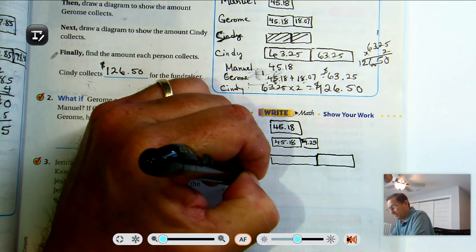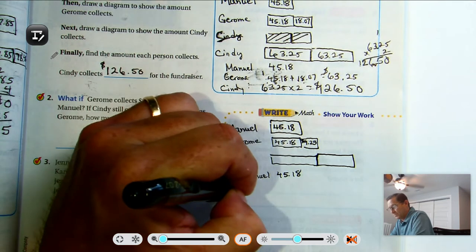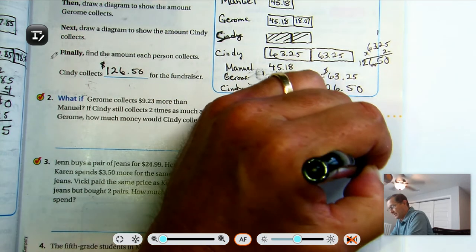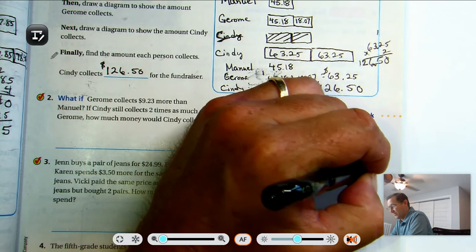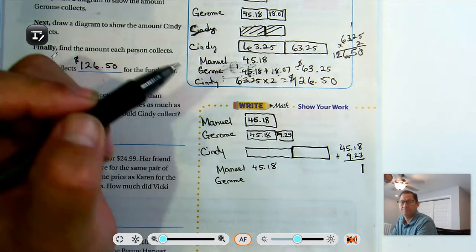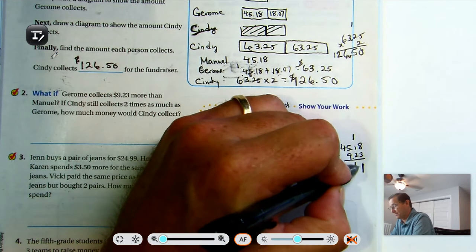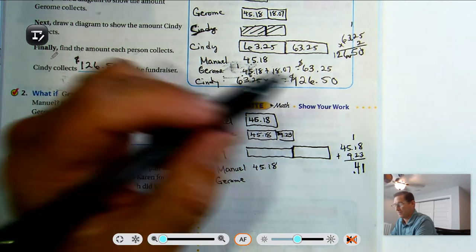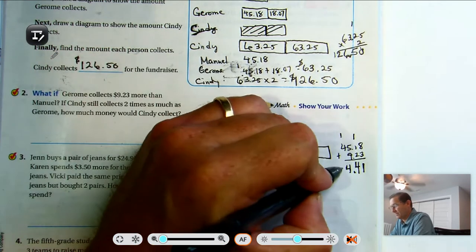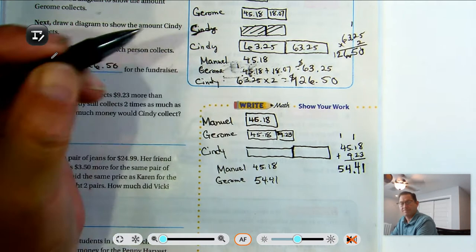So Manuel again, $45.18. Jerome this time, $45.18 plus $9.23. Add that together, add the hundredths, add the tenths, place our decimal point. 9 ones plus 5 ones is 14 ones. Regroup. 4 tens plus 1 ten is 54.41.